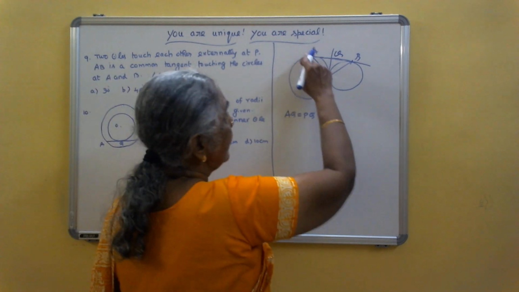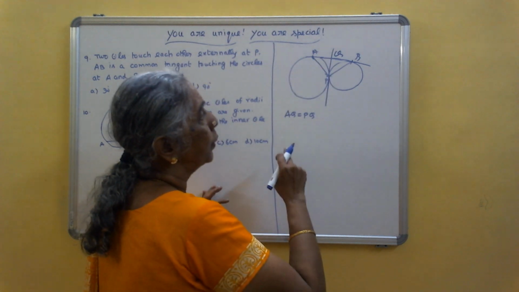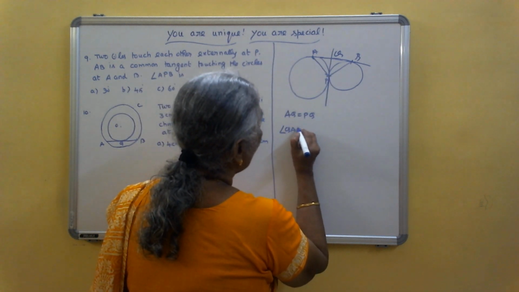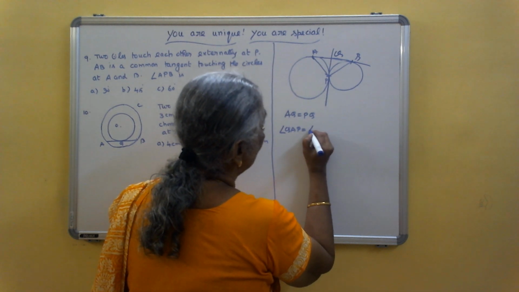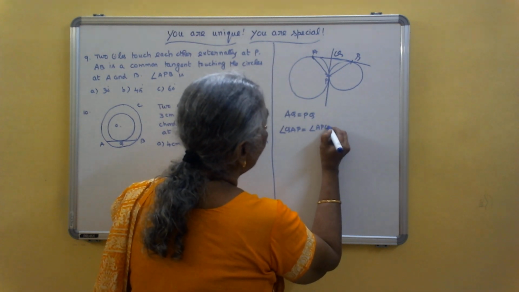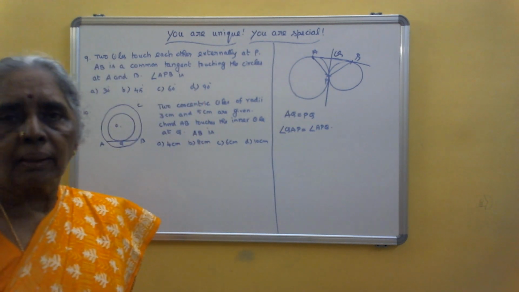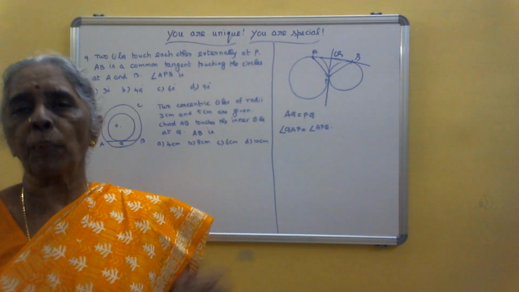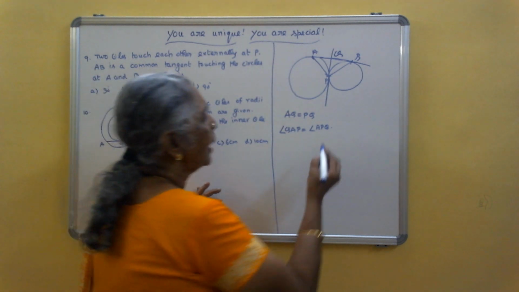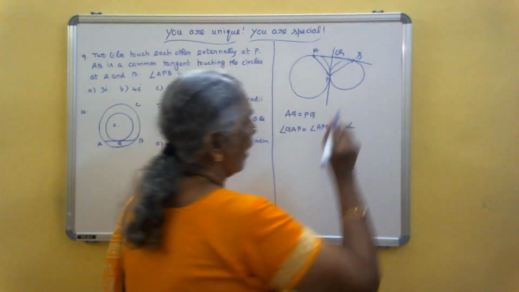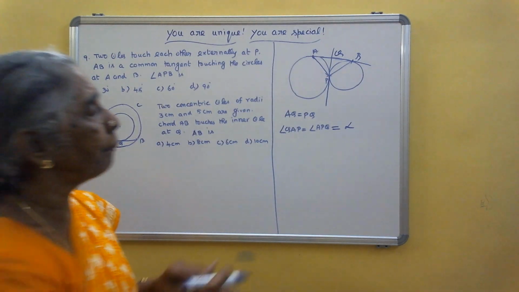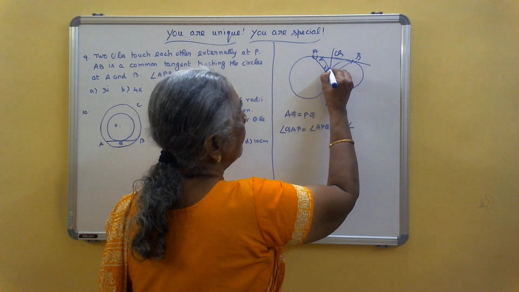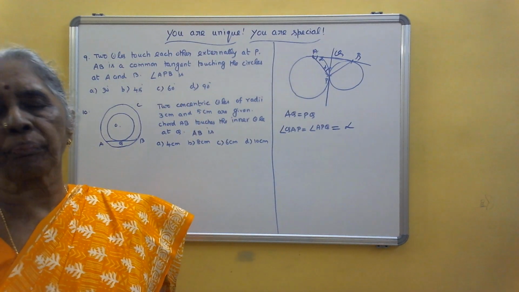So if you consider this triangle APQ, you know angle QAP will be equal to angle APQ, correct? Because in a triangle, two equal sides means opposite angles will be equal. Let me call them alpha. Angle QAP, this one, and similarly this angle, let me call alpha.